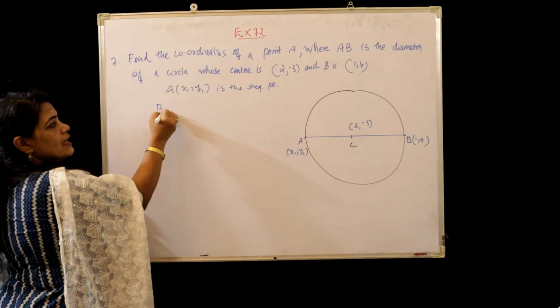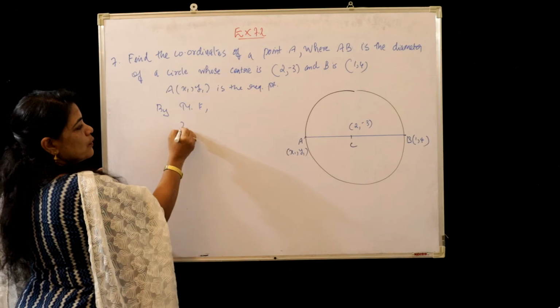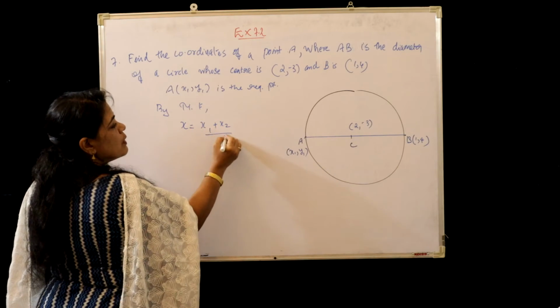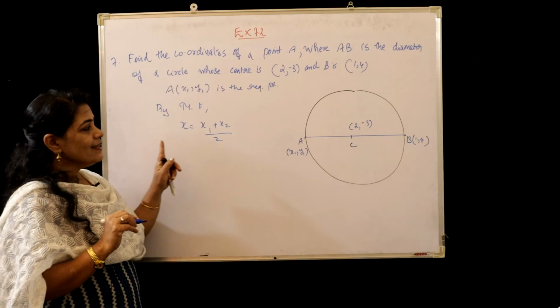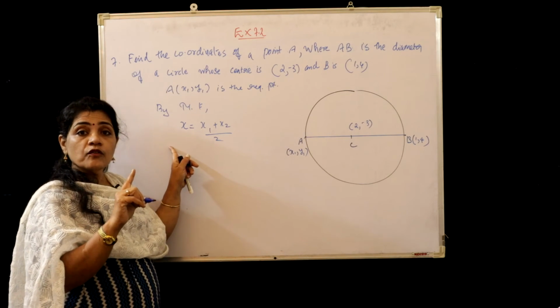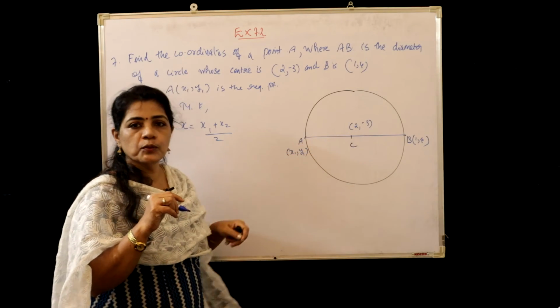By the midpoint formula, we know x is equal to (x1 plus x2) by 2. In this formula, x is the x coordinate of the midpoint. That is very important, and that is given as 2.